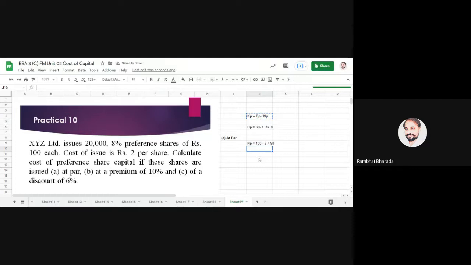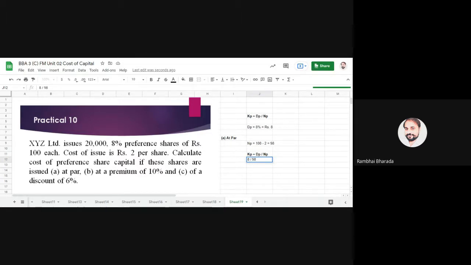Now I am writing the formula here, and then we will put the values. Dp remains same, 8 upon Np. In the first case, Np is equal to 98.